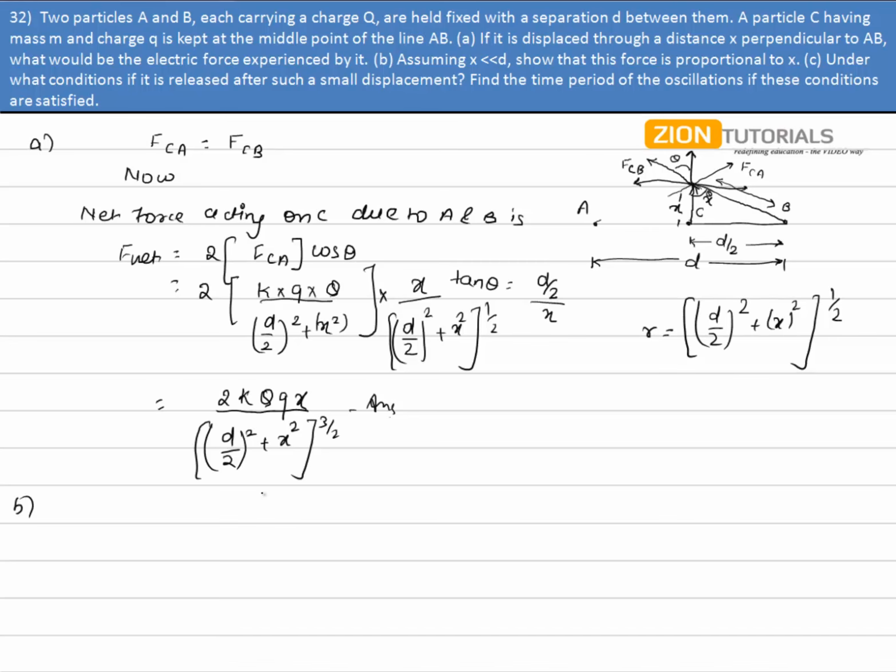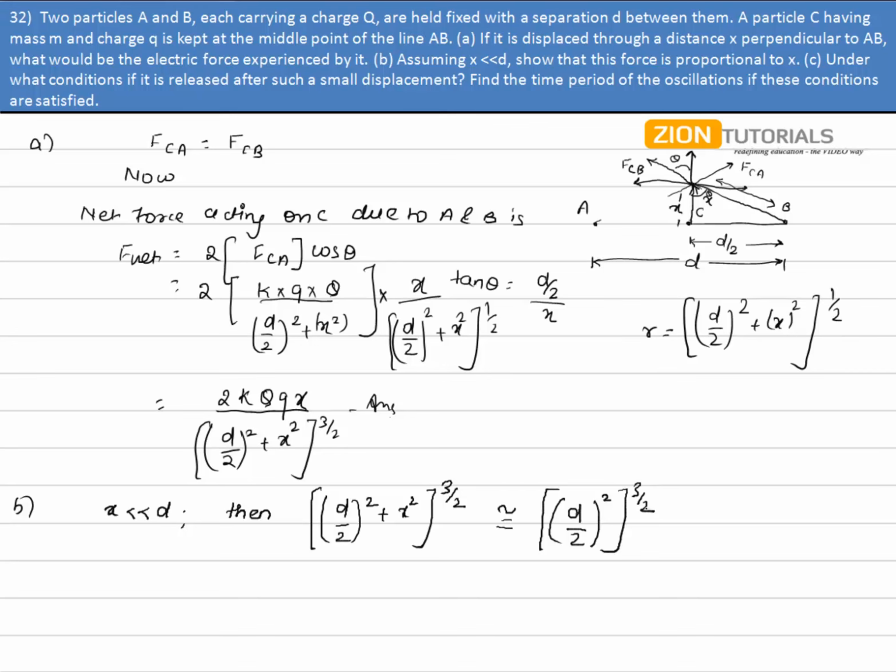Now if we assume that x is very less than D, then D by 2 whole square plus x square to the power 3 by 2 can be assumed to be D by 2 to the power 3.